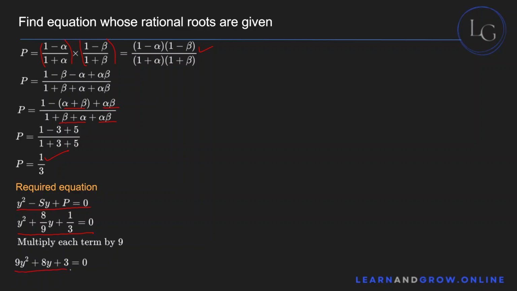This is the final quadratic equation of the roots that were given to us, which are 1 minus alpha over 1 plus alpha, and 1 minus beta over 1 plus beta. So you solve the question.